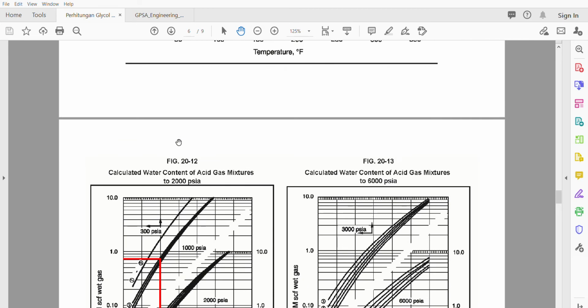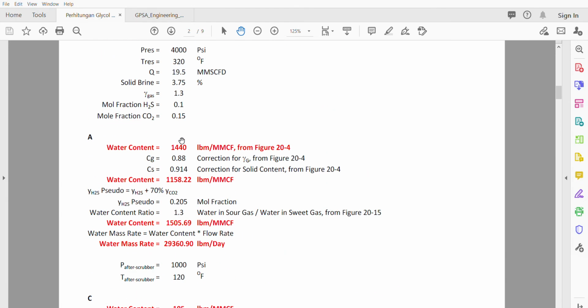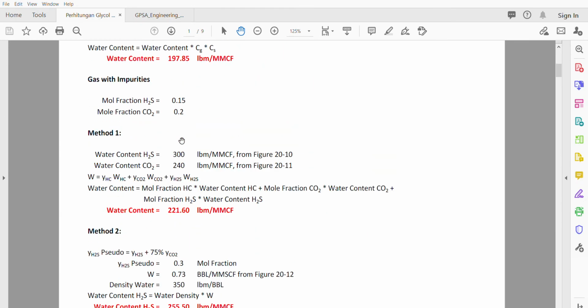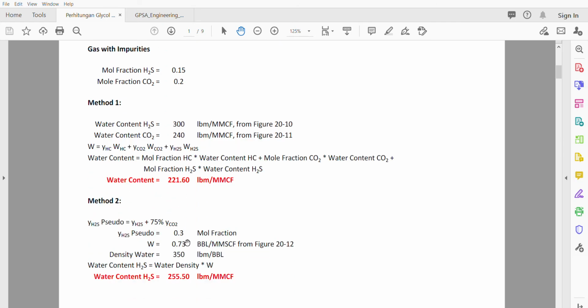So let's go up here. Number 2. So 0.73. So we get the 0.73, and the density of water is a constant. It is 350 pound mass per barrel. That's water, pure water. So if this is a constant, you have to remember this number, okay? 350 pound mass per barrel.